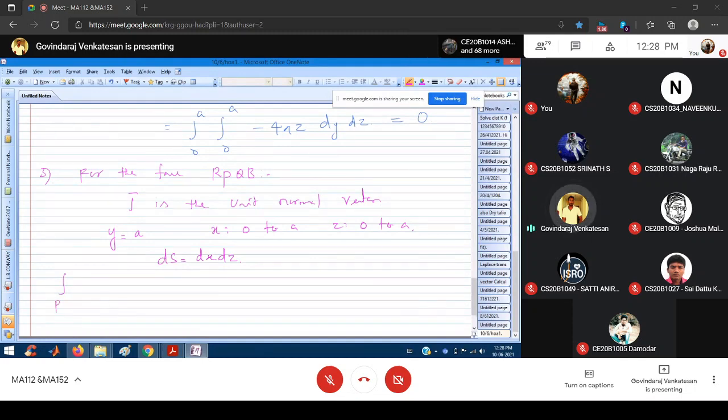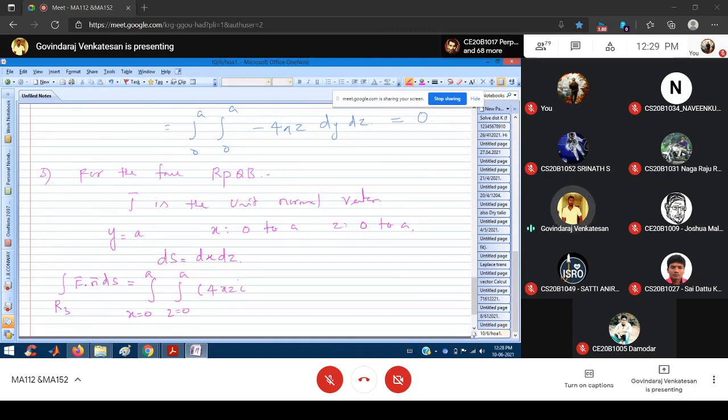So the integral over R3 of F vector dot n vector into dS is nothing but the double integral x equal to 0 to a and z equal to 0 to a.